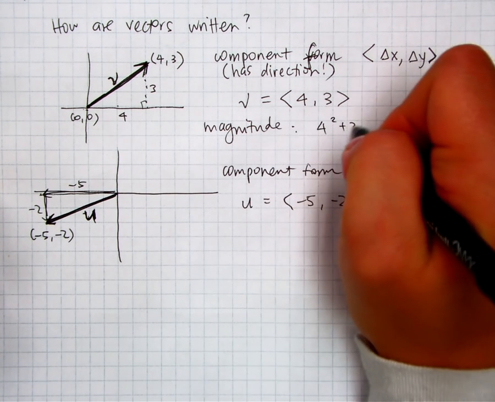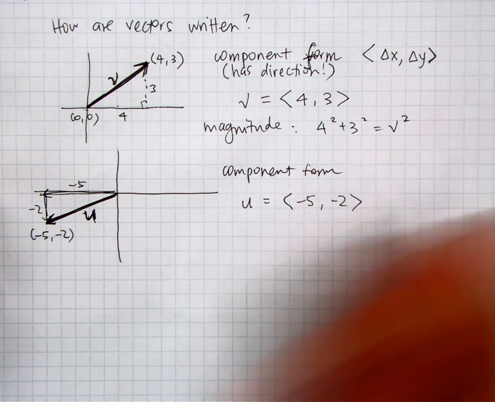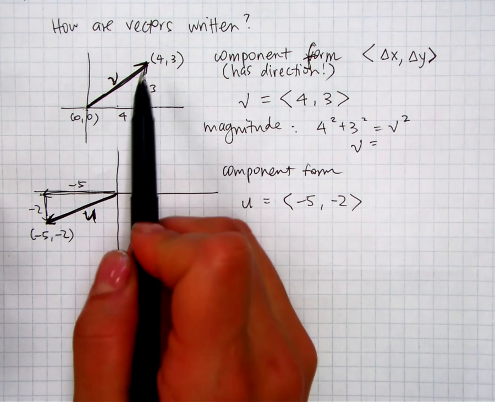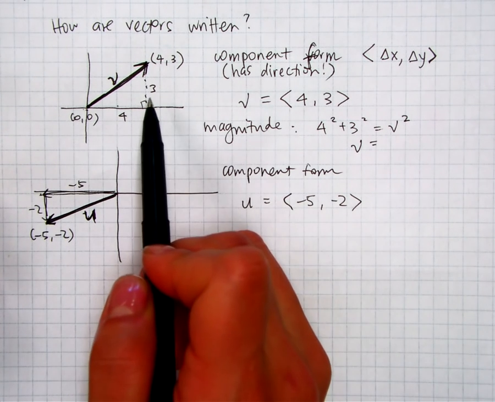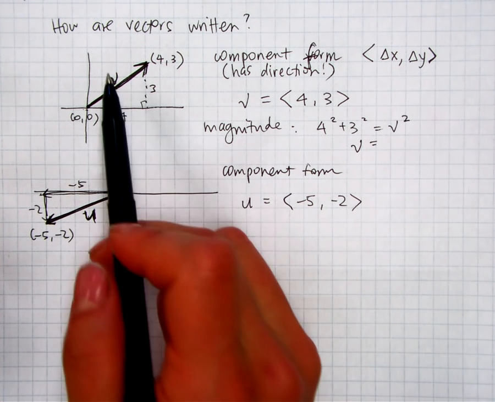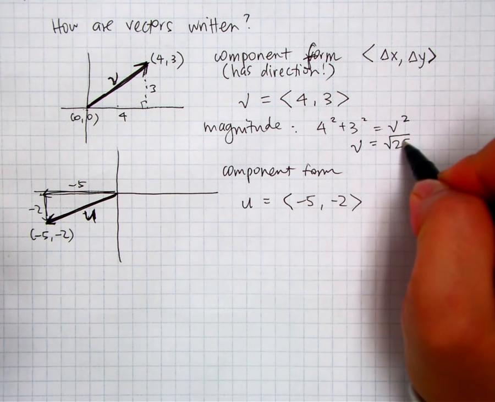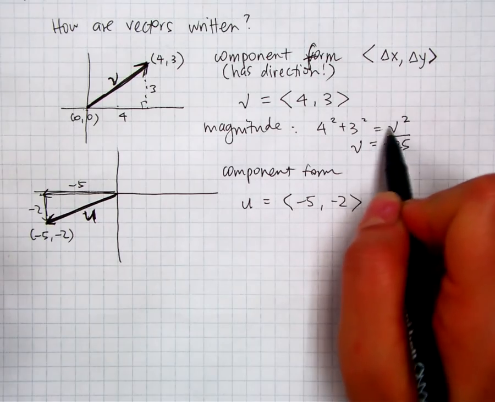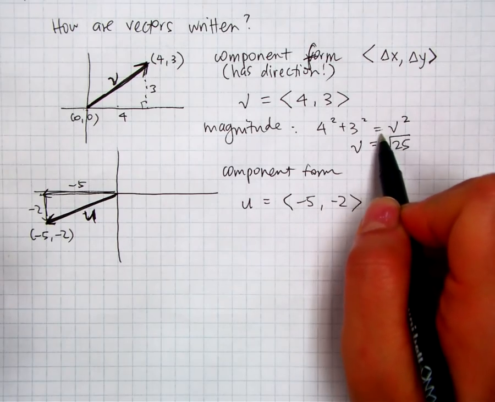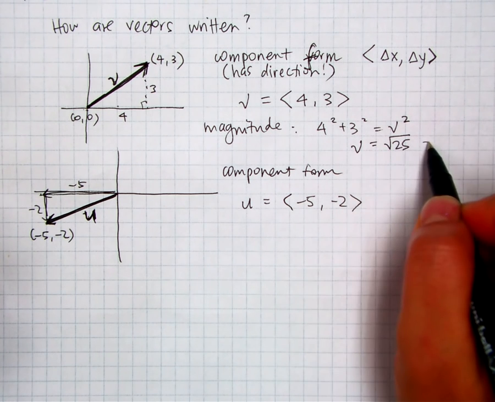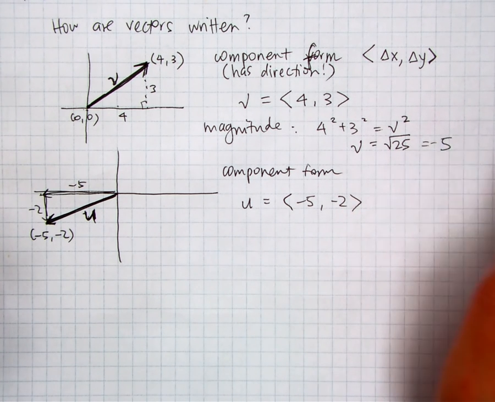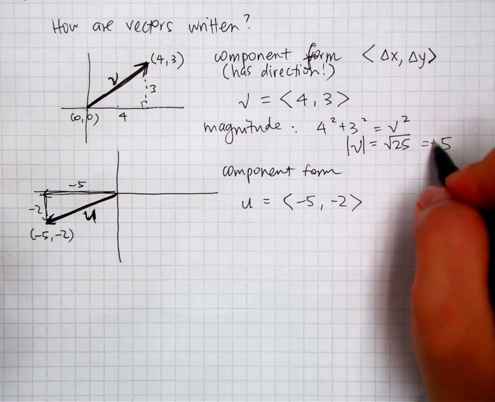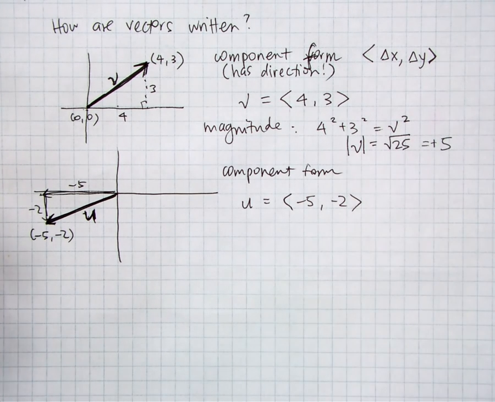Hopefully you don't need the Pythagorean theorem for this particular triangle, because this is a 3, 4, 5 triangle. But in case, v equals the square root of 25. Please remember, when you square root both sides, you're usually left with plus or minus 5. But the magnitude is always positive, so we take the absolute value of it. It's always +5.